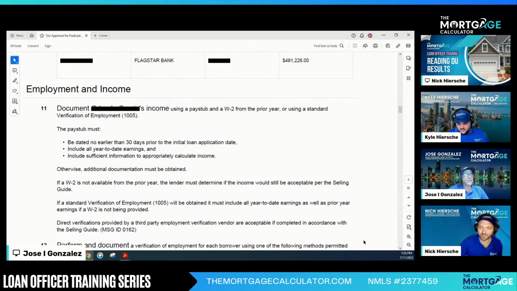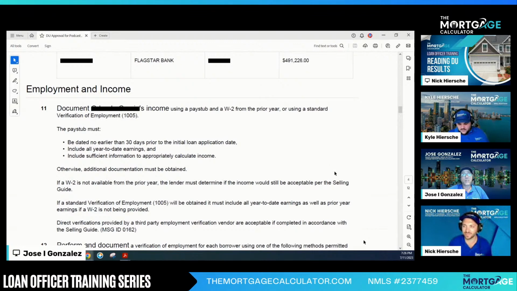So again, in this one, all they're asking for is a pay stub and a W-2 or a standard written verification of employment. When they're talking about a pay stub, you'd have to refer to the Fannie Mae selling guide, which asks for 30 days worth of pay stubs.